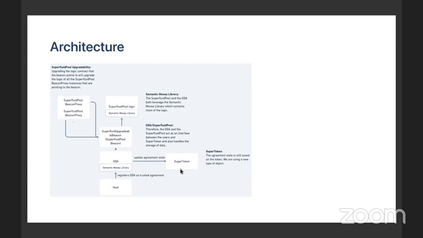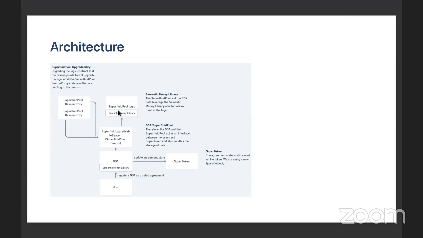The agreement states of the specific super token is still saved in the super token, but we are using a new type of object. I didn't finish this, but it's called monetary units, I think. But there's some interfacing in these two contracts to make that work. So yeah, both of these, once again, use the semantic money library.